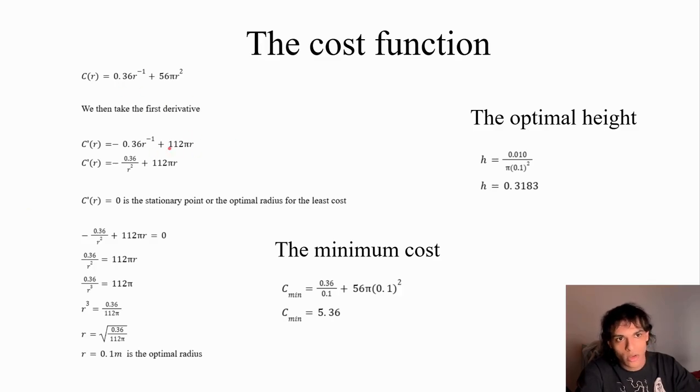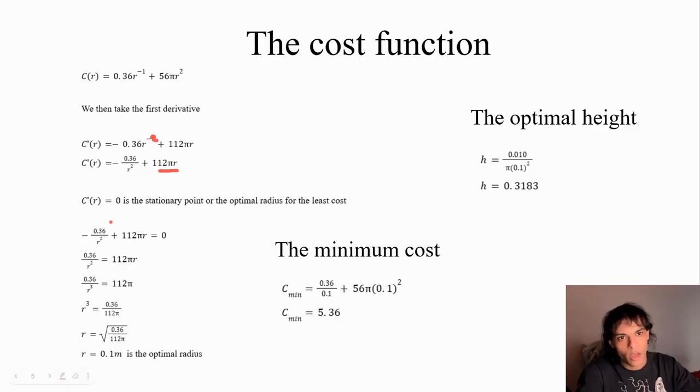We do the derivation, we get this 2 multiplied here, and this should be 2. So this is 0.36 r to the power of -2, and this is going to be -1. Then after that, we bring it back to its original form. So now it's over r squared, and we got this.